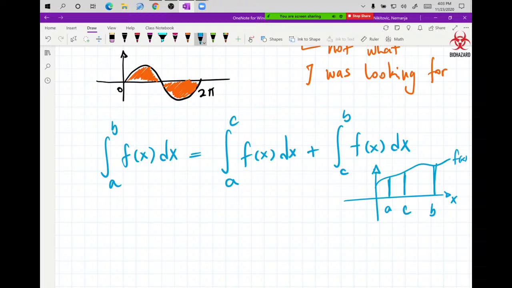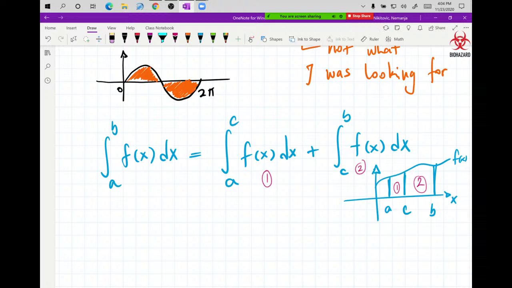This is going to be your integral 1, which covers this area, and this is integral 2, which covers that area. The first integral is a to c, and the second integral is c to b, right? So we have all of that on display.